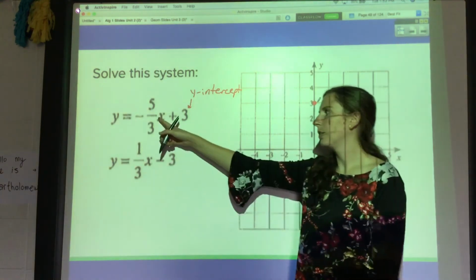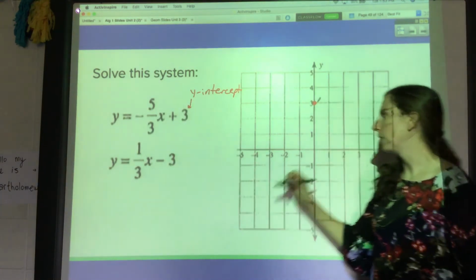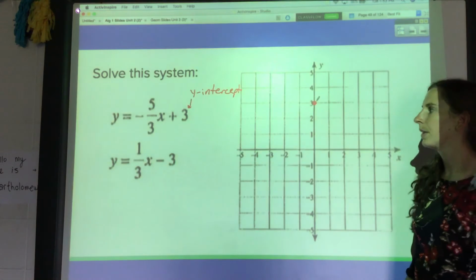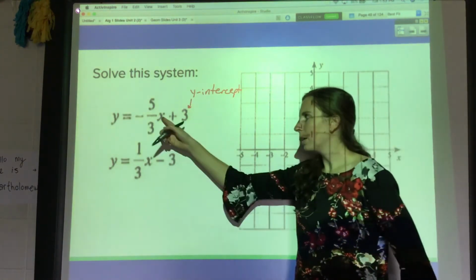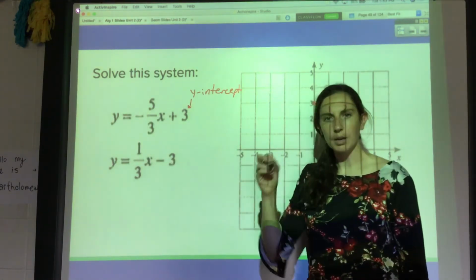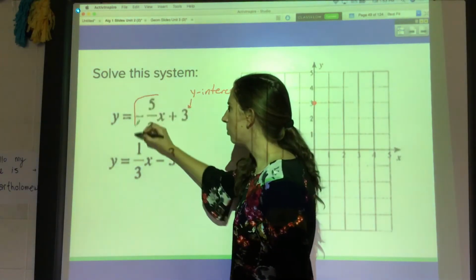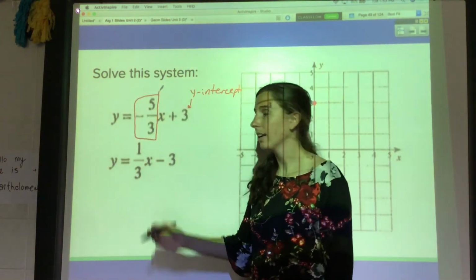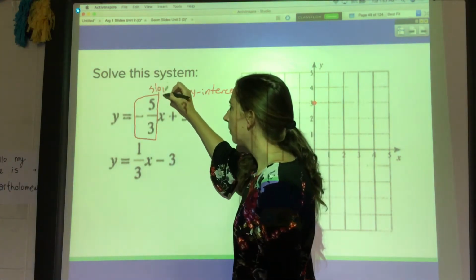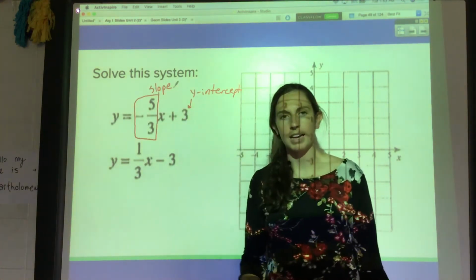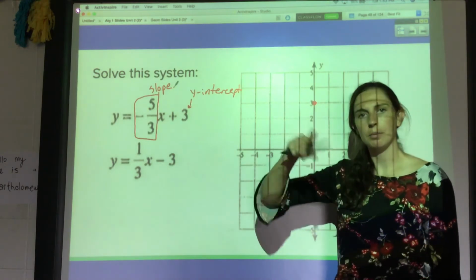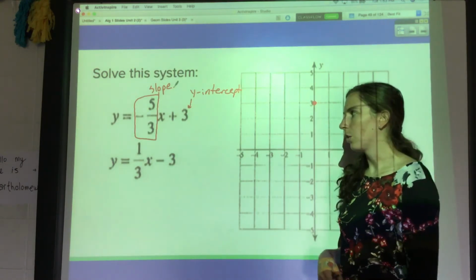Basically, if you plugged in a 0 for x, you would get out 3, and so that's why it hits there at 3. And then you could pick some numbers for x and see what you get out for y and plot those points. Or you could just use the slope. The number in front of the x is the slope. Remember, that's like the rise over the run, how much you go up versus how much you go across.